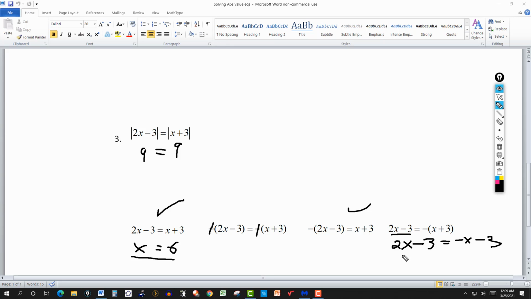Add x to both sides here, cancels this one here, and this one gives me a 3x over here. Negative 3 and a minus 3. I can take this one over, to make it a plus 3, and a minus 3 gives me 0. So I get 3x is equal to 0. Divide both sides by 3. 3 into 0 is 0. 3 into 3 is 1, or 1x. So I get x is equal to 0.